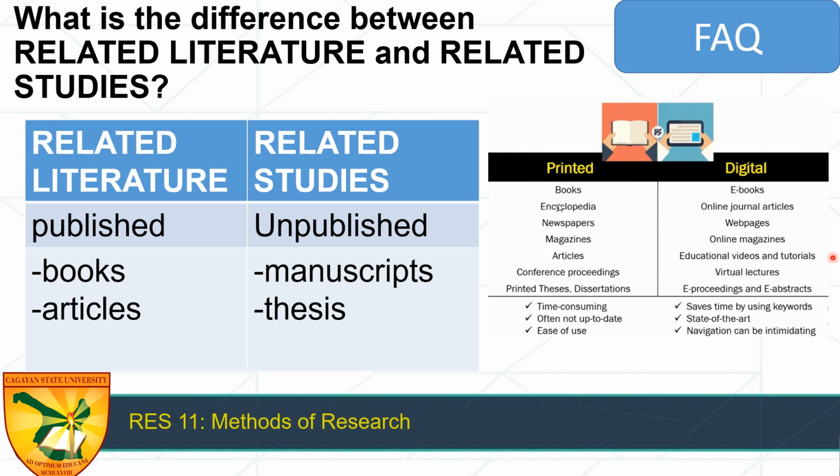This is what we usually use, especially now that we have a pandemic. It saves time by using keywords, state of the art. Usually, if studies are published today, you can already see them today. But navigation can be intimidating because there are a lot of references online.